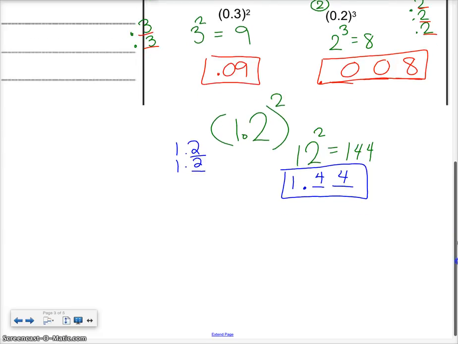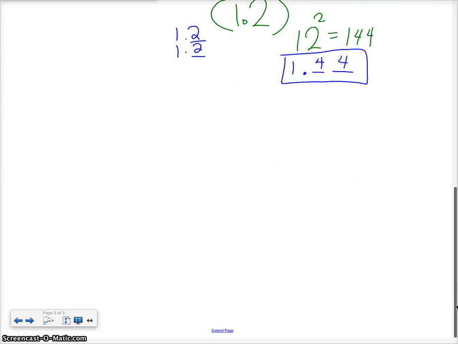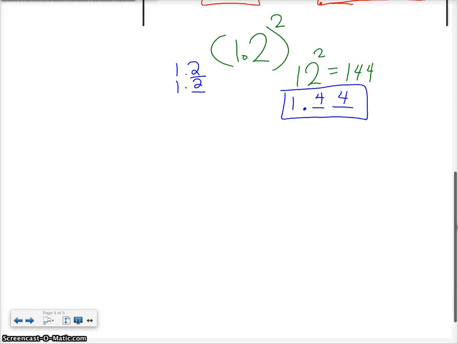And I'm going to do one more on the notes here that's not included. Let's say I had 0.05 cubed. I do the number cubed, so 5 cubed is 125. And then I determine how many spots to the right should there be with a decimal.